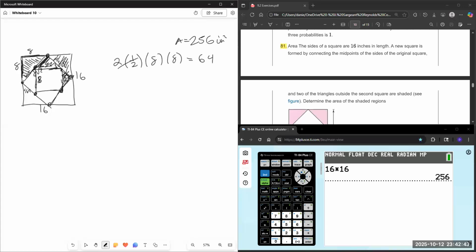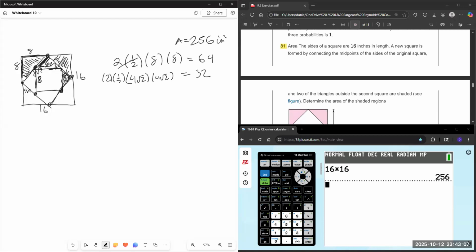I'm going to try to always take the same two pieces. So that's going to be 4 root 2 times 4 root 2 times 2 times a half, and that's going to be 16 times 2, which is 32.